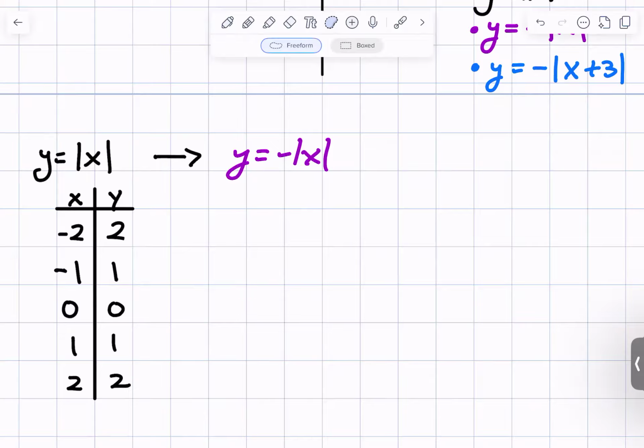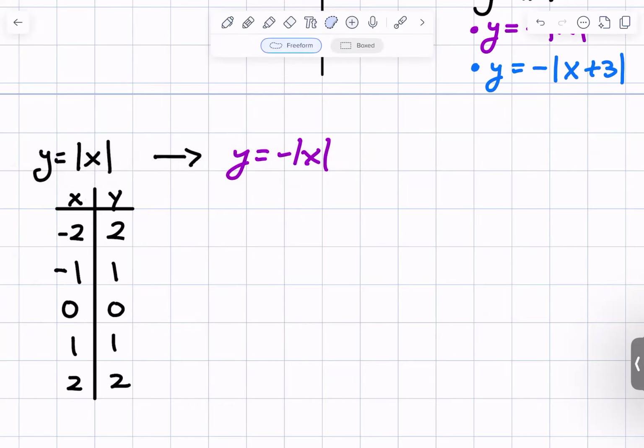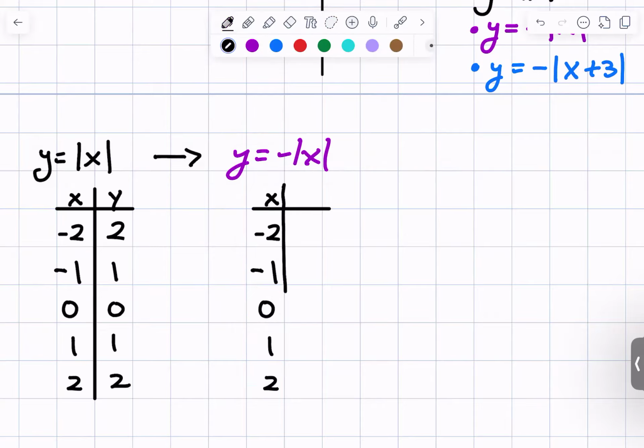So I'm going to get my x values and literally copy, paste. My x values do not change. Okay, so I'm gonna copy and paste this. So my y values, they do change.